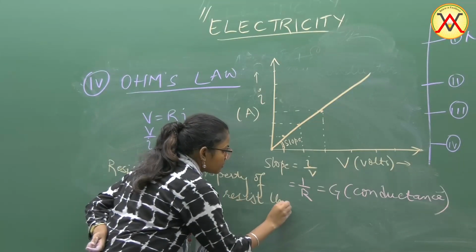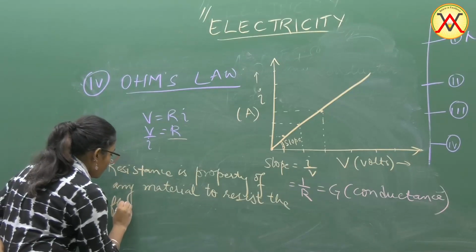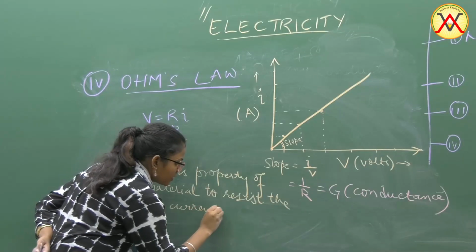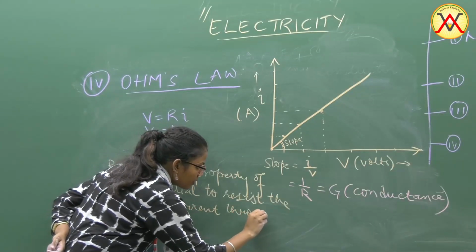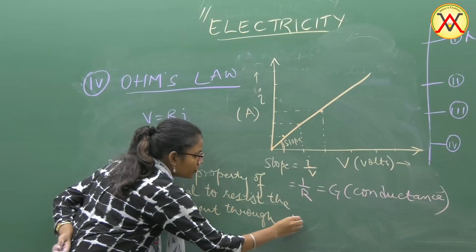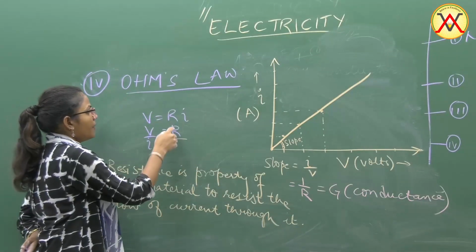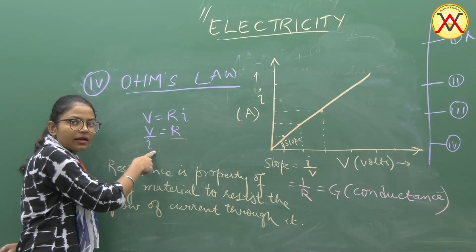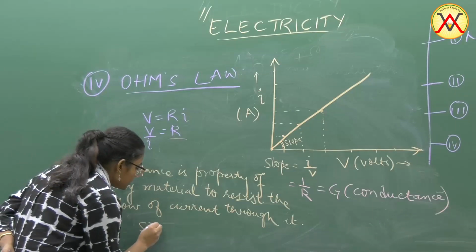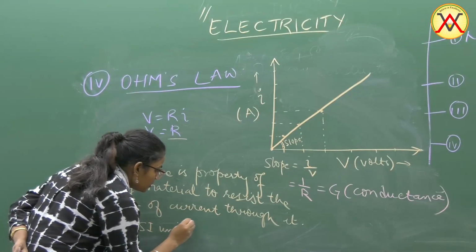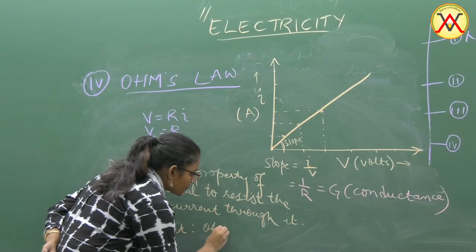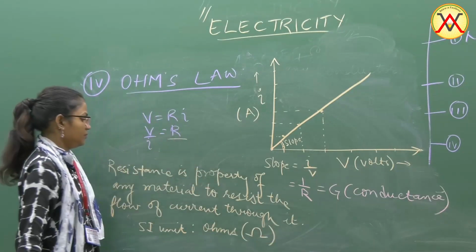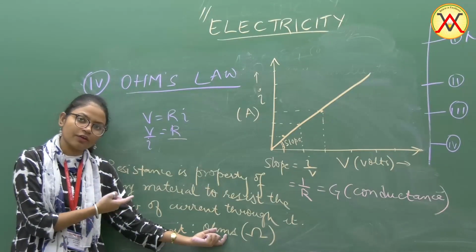To resist the flow of current through it. SI unit of resistance would be what? Volt per ampere, and it is called nothing but ohms, denoted by this sign. This is our SI unit of resistance.